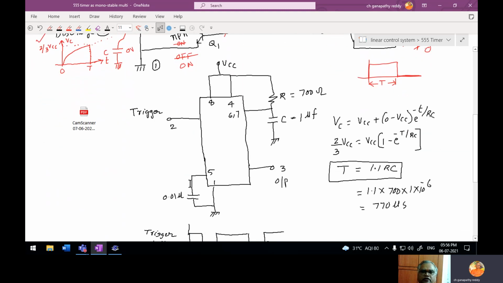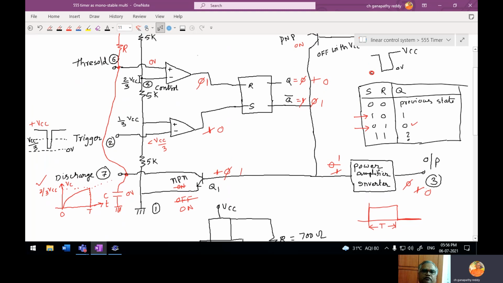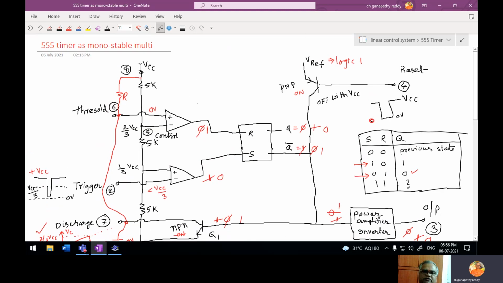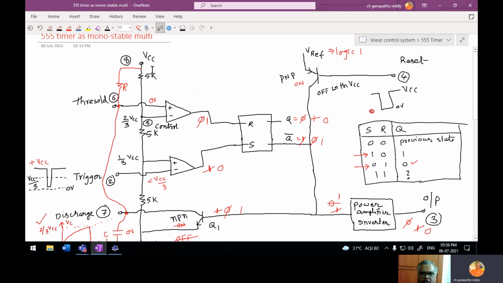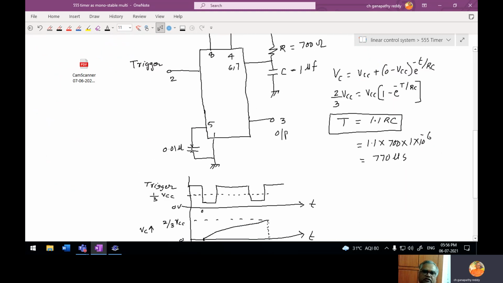Here, between 1 and 5, there is a capacitor. The reason for this capacitor is that pin 5 is connected to a capacitor whose other end is connected to ground. If there are any sparks in the circuit, or major fluctuation in the power supply, that will go through this capacitor.